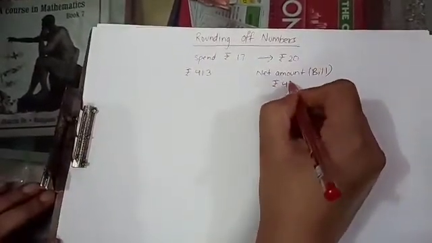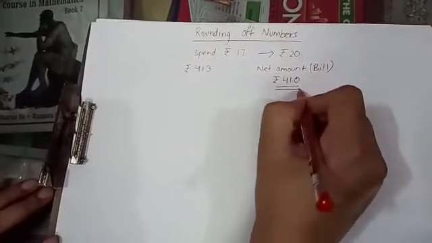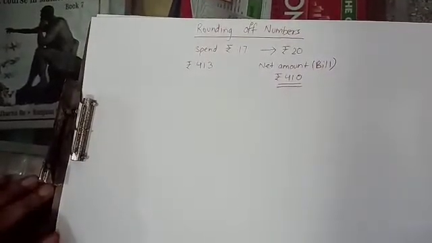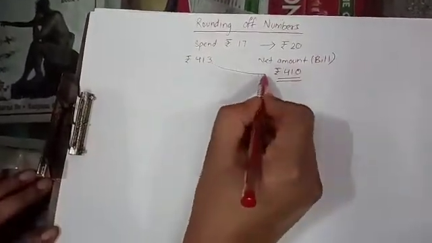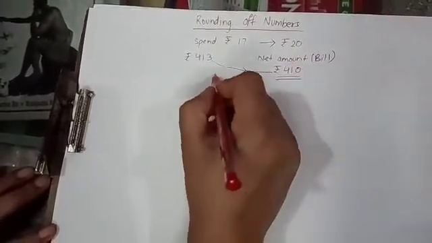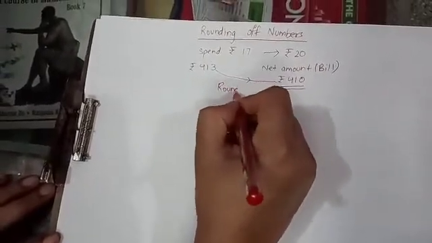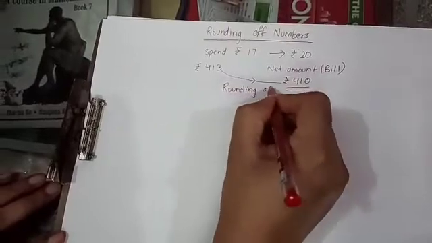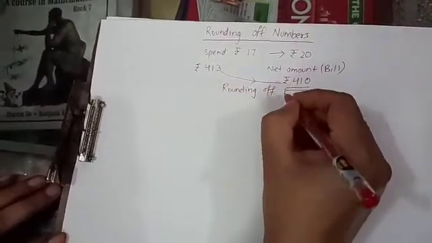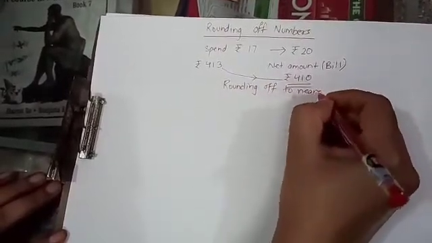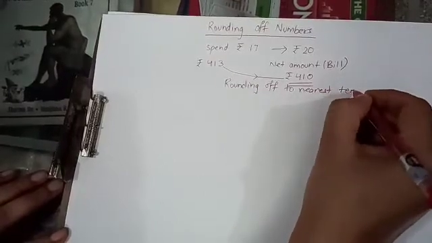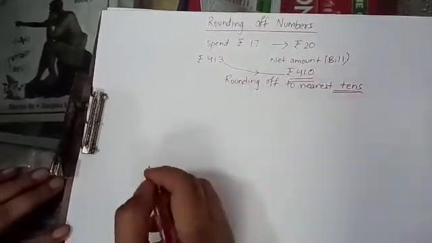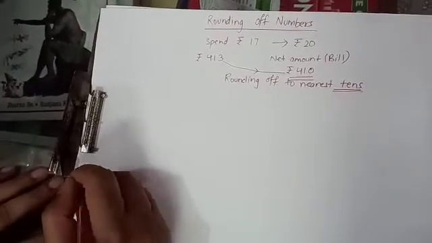Roughly, we can be asked to pay rupees 410. So again, we are rounding off. So in these two examples, we are rounding off the values to the nearest tens. Followed?